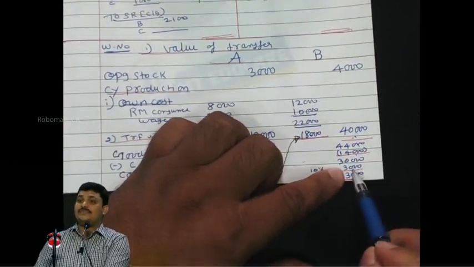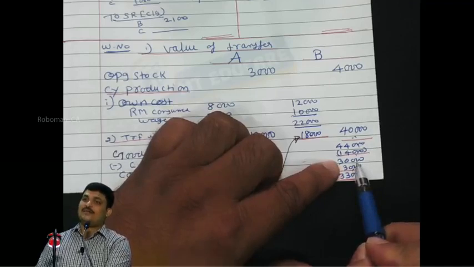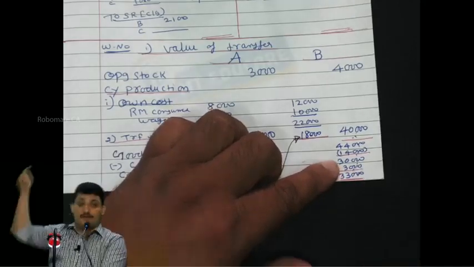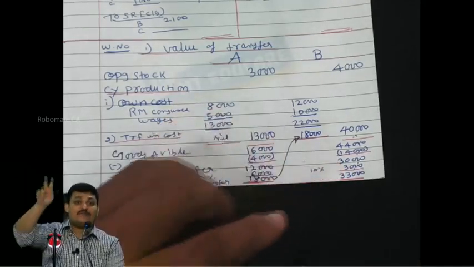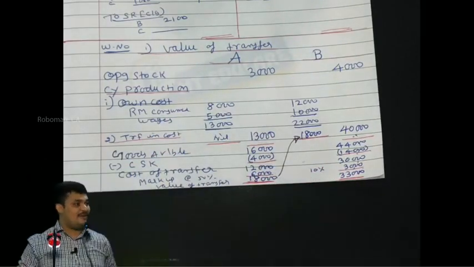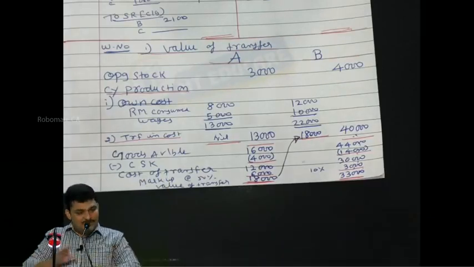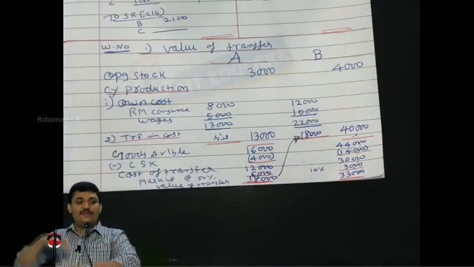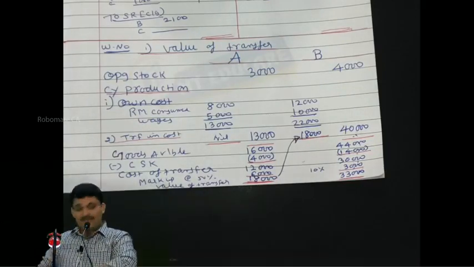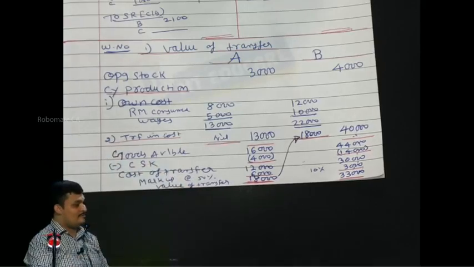When you add a margin of 3,000 on this 30,000, what is 30,000? Cost price of B. But you should know one thing, that the 30,000 includes transfer from A as well as own cost also. Whenever goods are processed at department B, ready for transfer to another department, the transfer from A is also included, you should know. Understood?